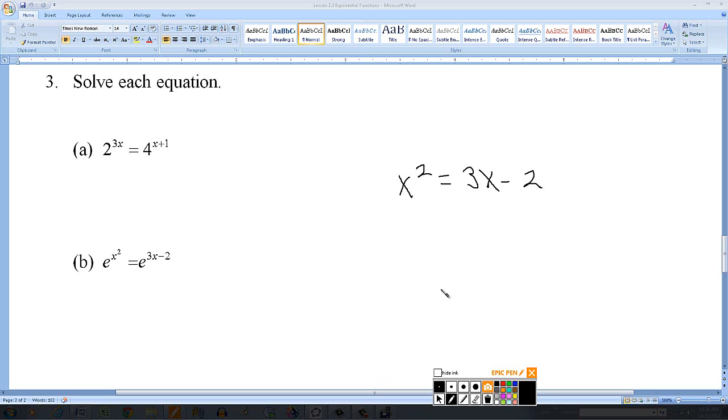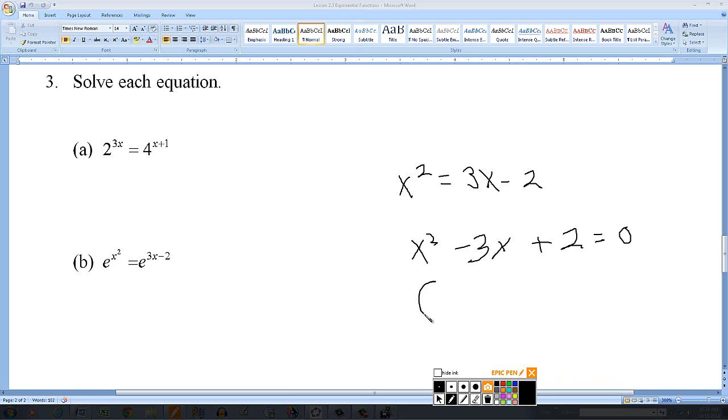So we take everything to one side. Okay, x squared, take the 3x over, becomes a minus 3x. Take the minus 2 over to the left, becomes a plus 2. And then the easiest way to solve a quadratic equation, a second degree equation, is factoring if it factors. If it doesn't, you can use the quadratic formula or a graphing calculator.